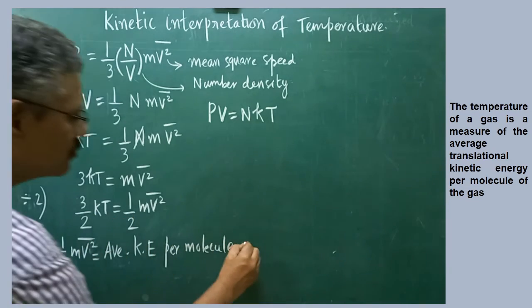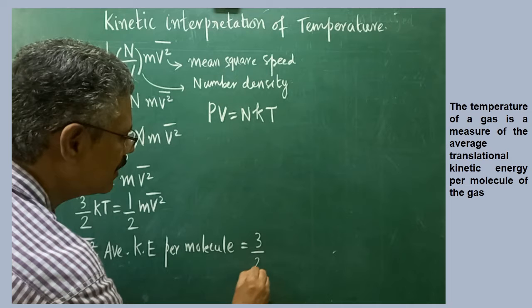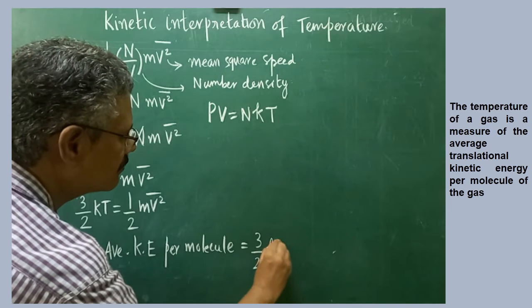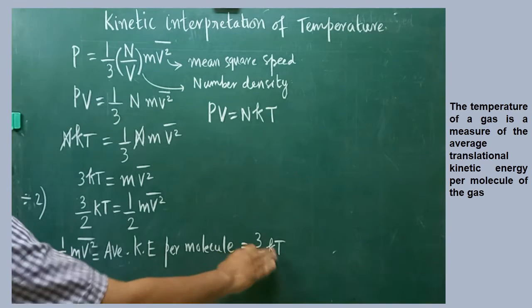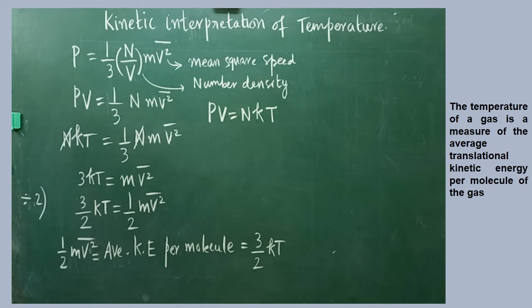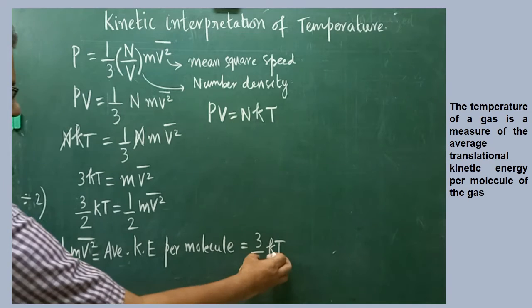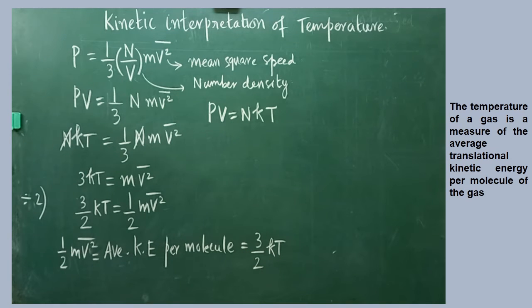That is equal to which one? 3 by 2 kT. Very important equation. Throughout the lesson, this expression will be often used, and you must also memorize this expression 3 by 2 kT. Are you clear? This is the value of the average kinetic energy per molecule. Each molecule, on an average, possesses this much kinetic energy.